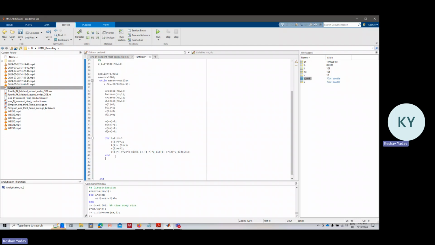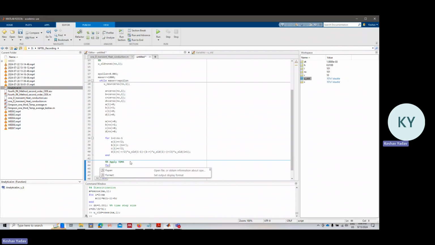Now I need to do the TDMA. You can make a separate function for TDMA, but I am doing it here only. So in TDMA, what do we do? We will go for i equal to 2 to nx minus 1.